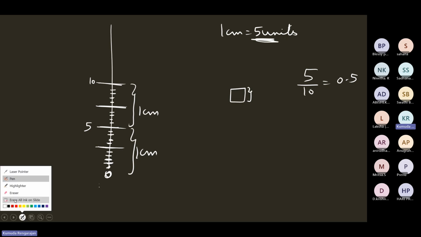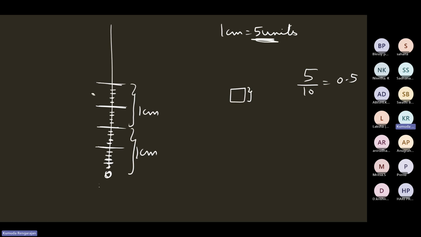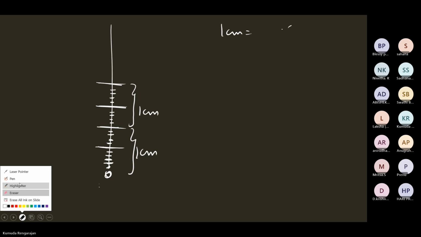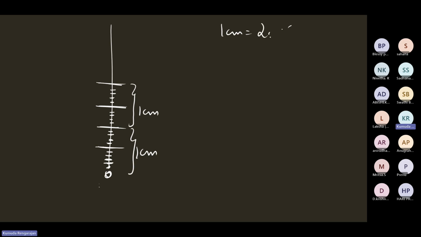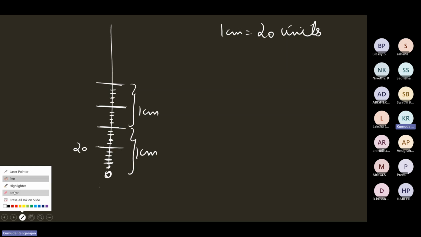Now supposing you have taken the scale as 1 centimeter is 20 units. So every centimeter you will mark 20. Then this is the 5 centimeter mark, children.